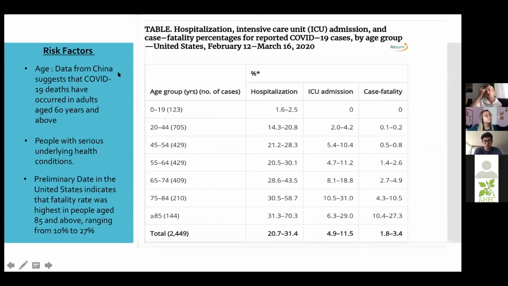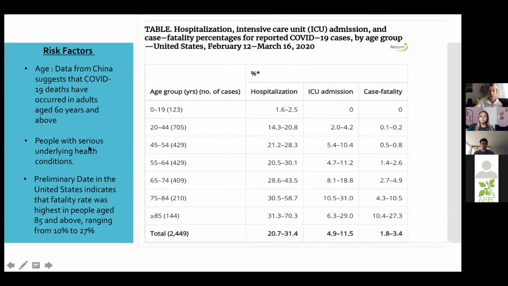So here I want to talk about, and again, this table I obtained from the CDC as updated as of March 26, 2020. So this table shows the risk factors. The main risk factor we all know is age, right? The data from China suggests that COVID-19 deaths have occurred in adults aged 60 years and above.